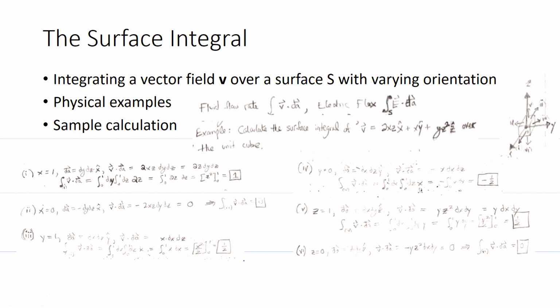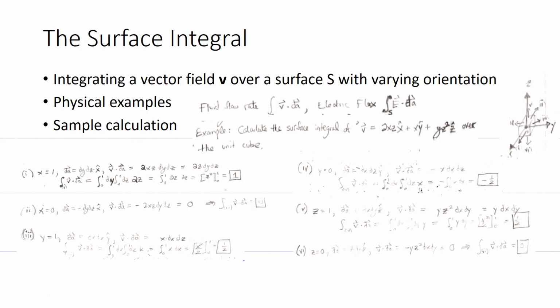So v dot dA would be minus yz squared dx dy, taking the dot product again of v with this part, which has dx dy. Now with z equal to 0, this suddenly evaluates to 0. So we have minus y z squared dx dy is equal to 0, and we get 0.